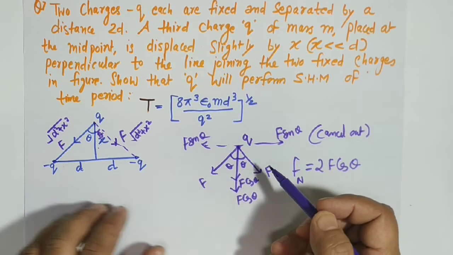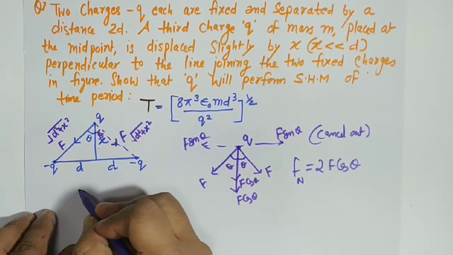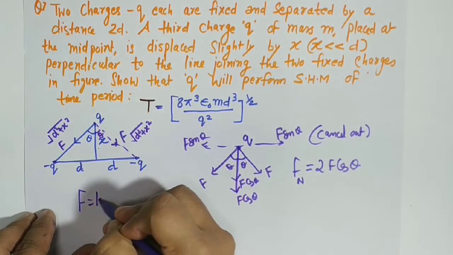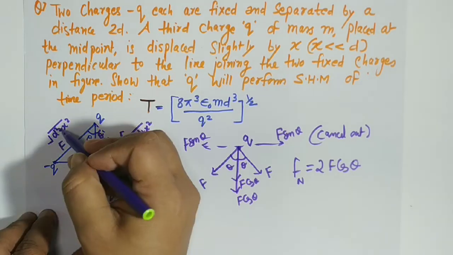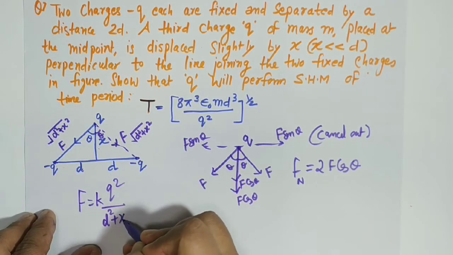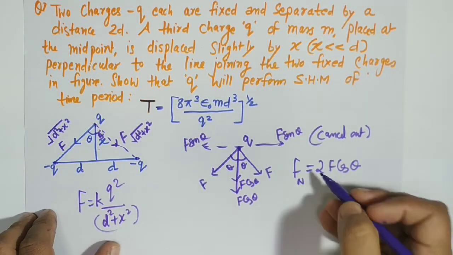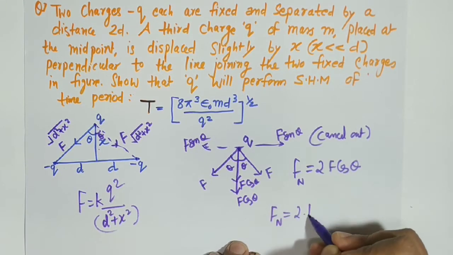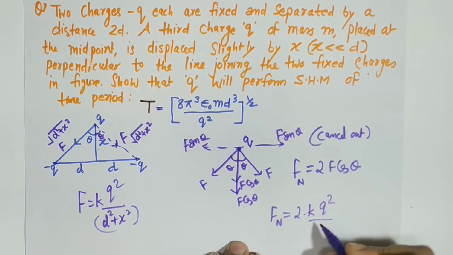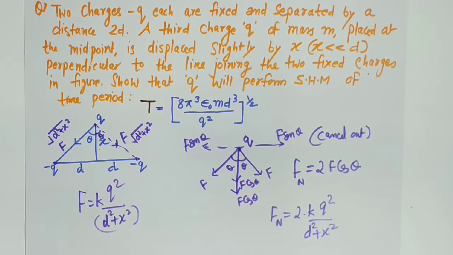So can we find out what is F? Yes, F is K q square over the distance squared, and the distance is root d square plus x square, so it becomes d square plus x square. So net force will be 2k q square over d square plus x square. And can we find out what is cos theta?